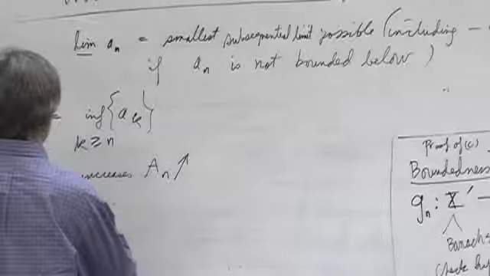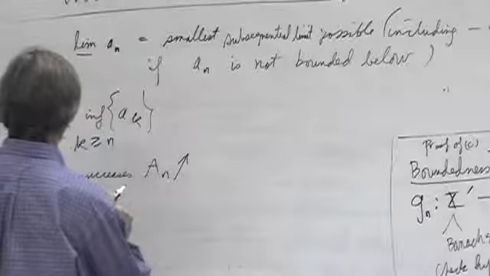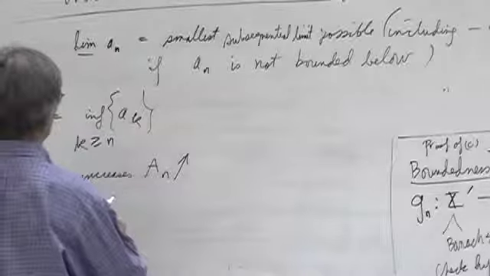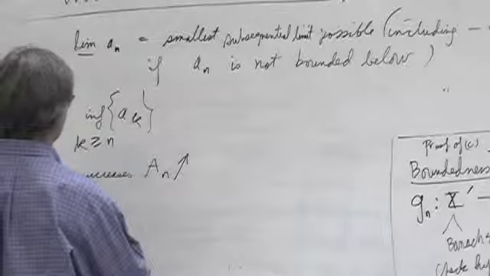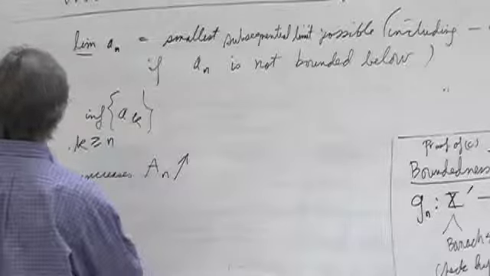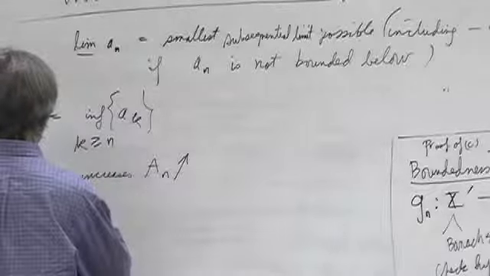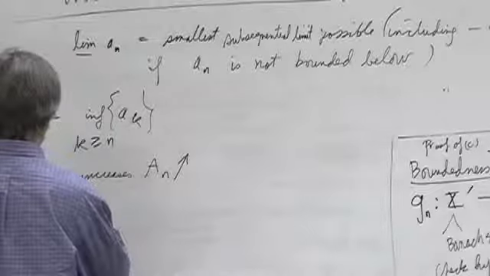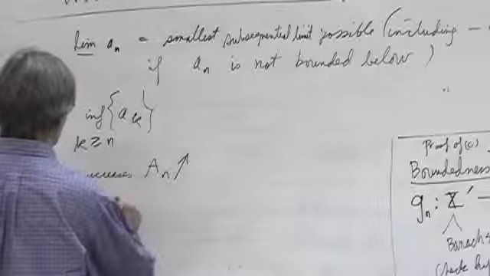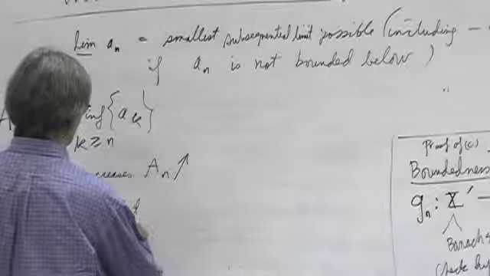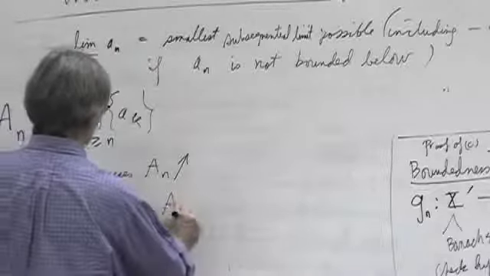And then the lim inf is defined to be the lim inf of a sub n as n goes to infinity, equals the limit as n goes to infinity of this capital A sub n.